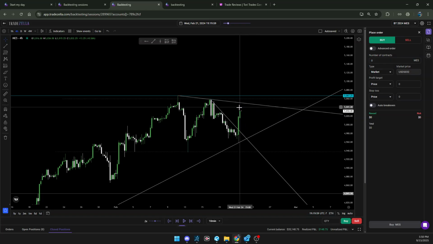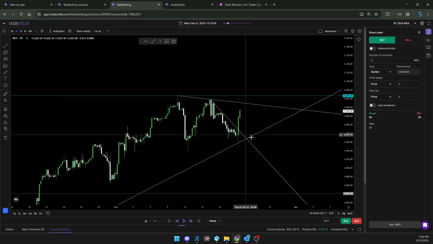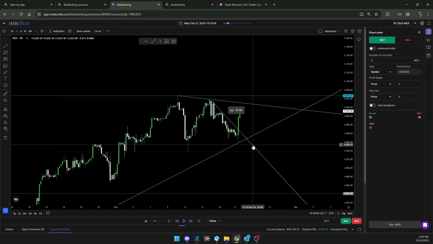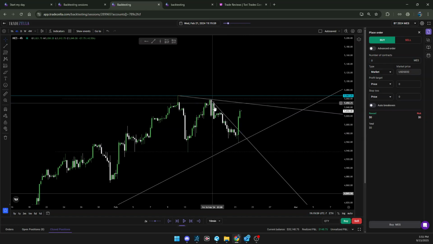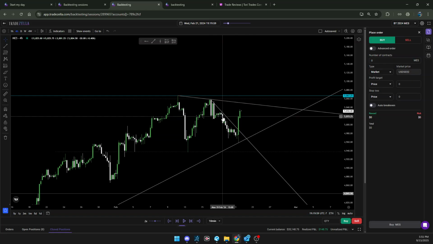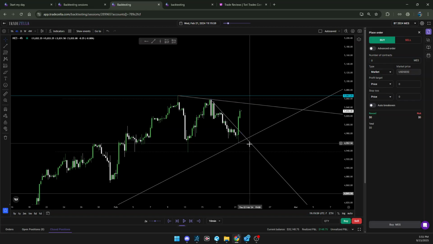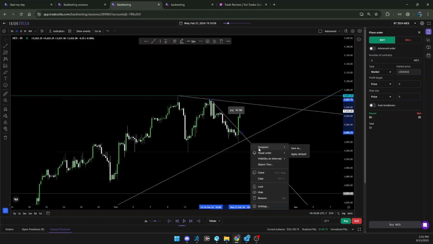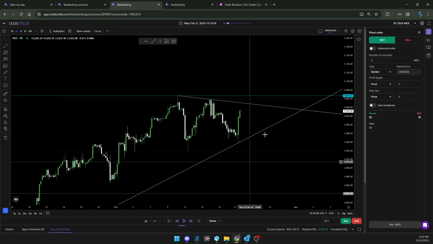So there's not much room for me to make the same amount as my loss. So I don't even want to try that. And it's riskier because I don't have enough data. I really don't have a nice clean point B. So those are the things I'm looking at for my setups. Those are the things that I want to see.